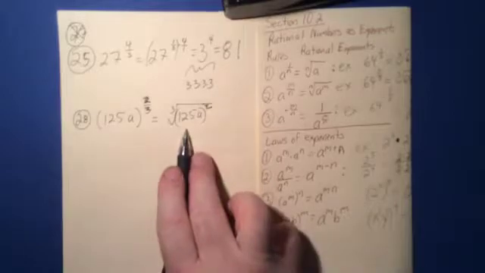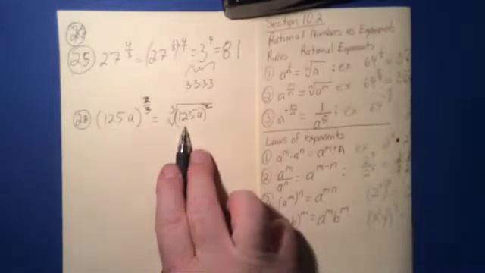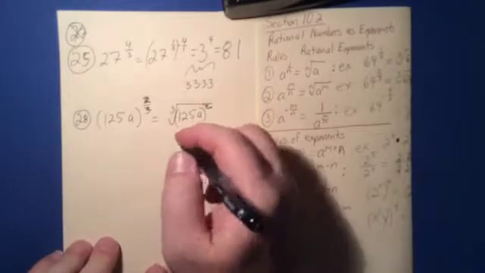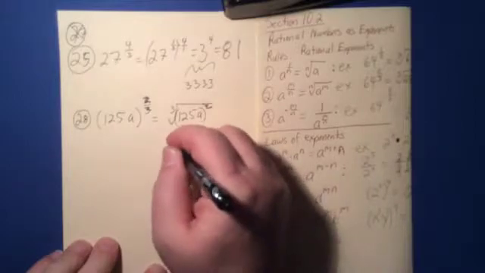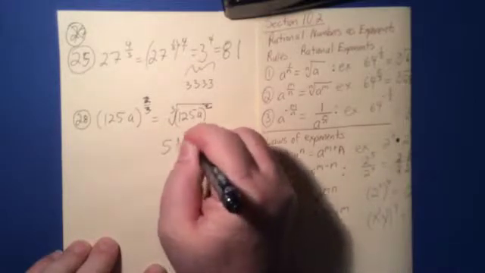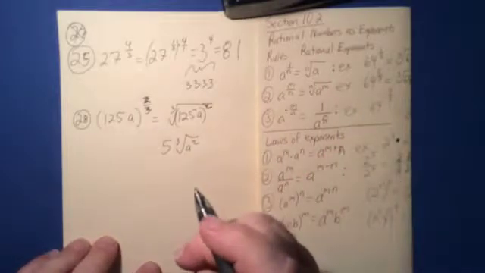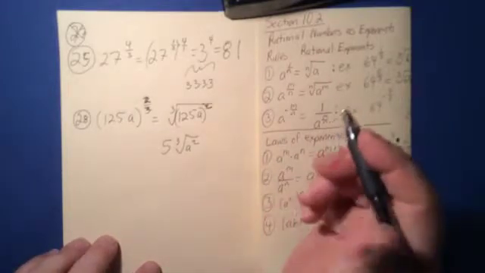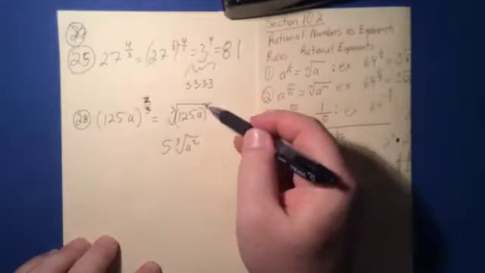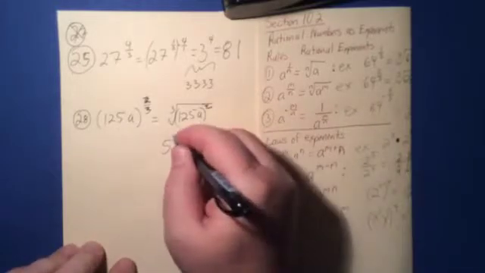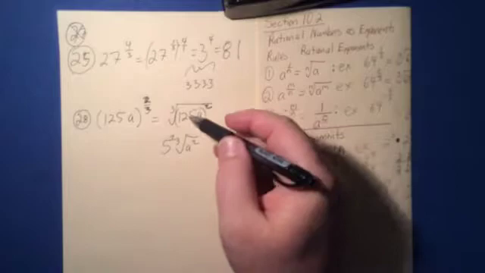First off, we can take the cube root of 125. That has a cube root. So I can write that now as 5 times the cube root of a squared. And that's as far as we can really simplify. One other thing: this 5 here is going to be a squared 5, because it's not like we can totally ignore this.